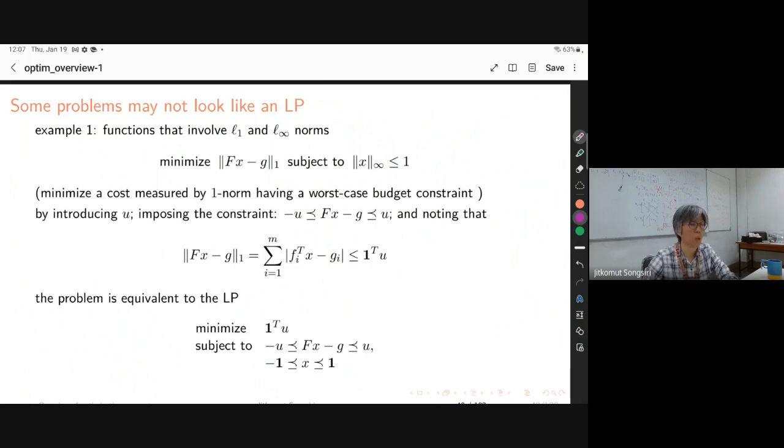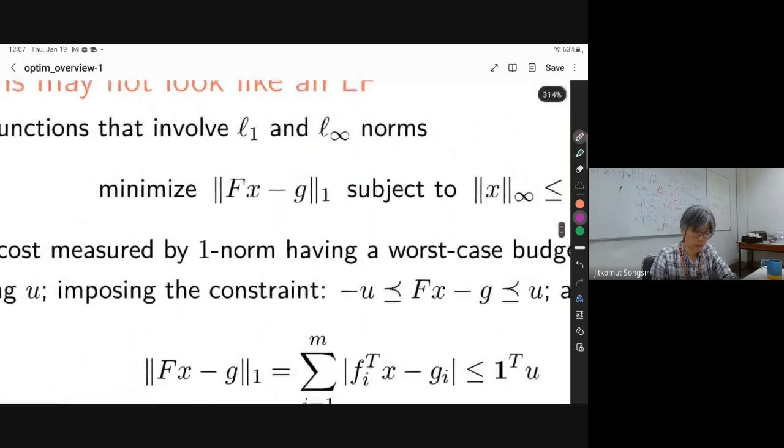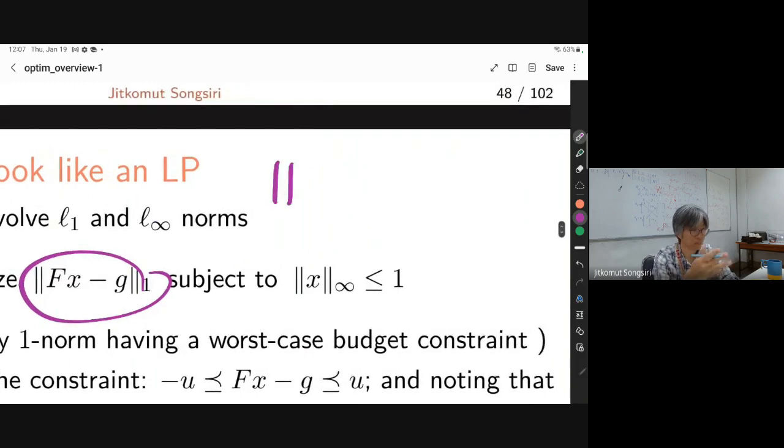But okay, we have some examples. The norm function: is the norm function linear? No, right? Obviously, the norm is non-linear, right? Because the norm satisfies the triangle inequality. It doesn't satisfy it with equality, right?